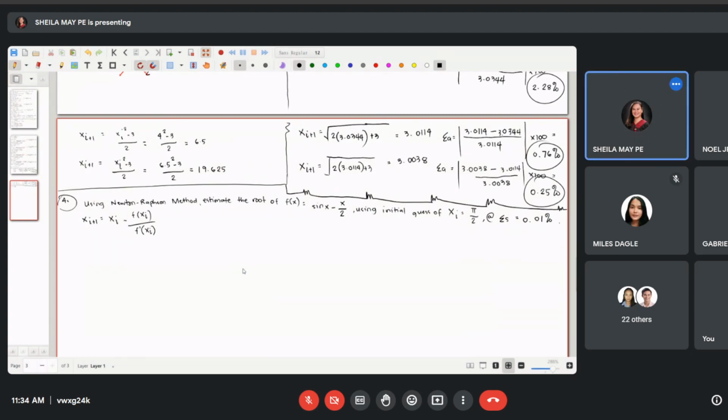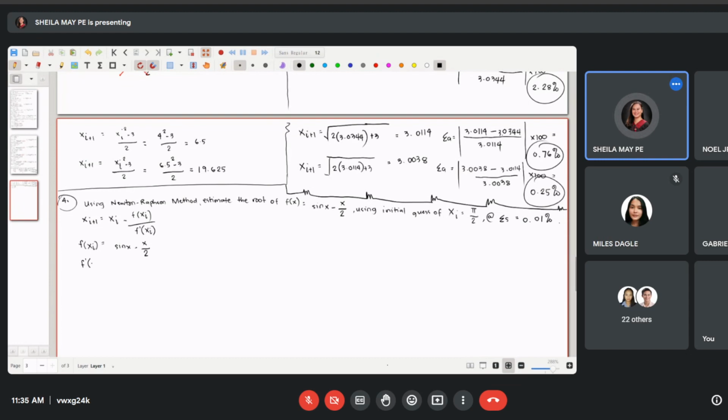Okay. Now for this, we have our function of x sub i. That's sine of x minus x over 2.